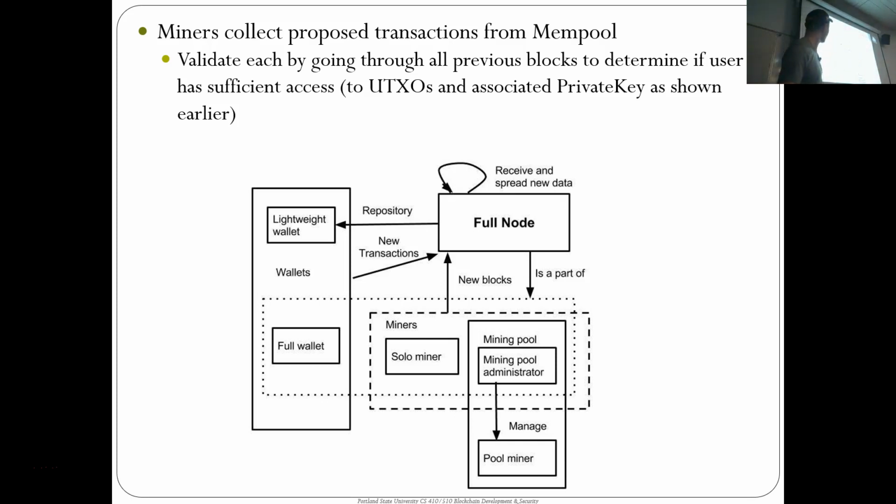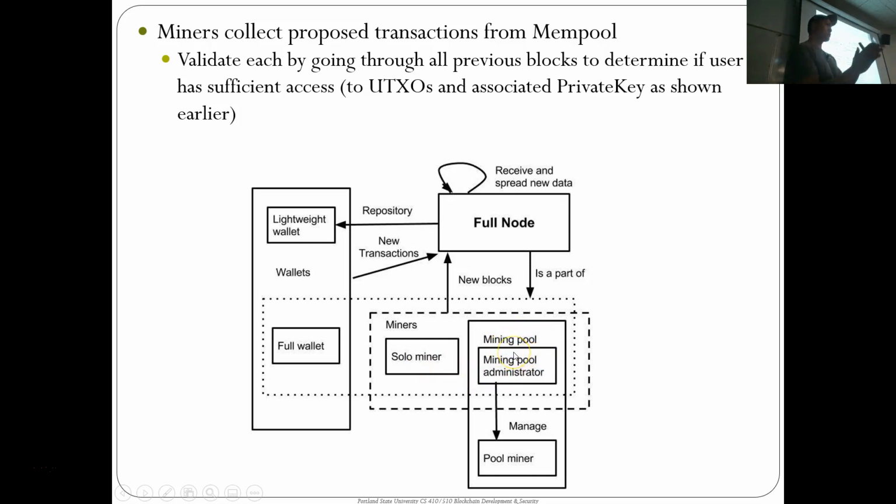So this is what happens. You have a wallet. The wallet issues new transactions. The full node gets these transactions, and then the mempool is here. The miners will take things from the mempool and will either solo mine it. So if it's a single miner, it's a solo wallet that's doing the mining. But more often than not these days, you're part of a mining pool.